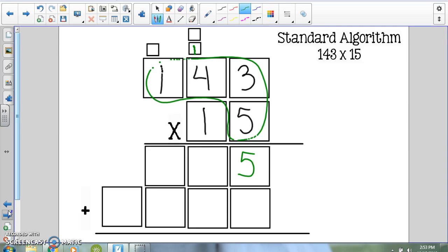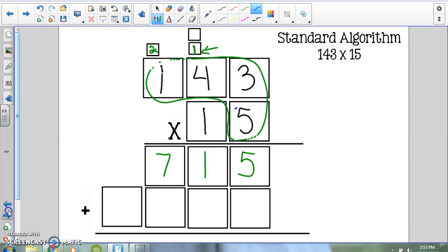So 5 times 4 is 20, but we cannot forget our 1 up top. So that is 21. Alright, and last but not least, our 5 is going to dance with our 1 in the hundreds place. So 5 times 1 is 5, plus 2 is 7.